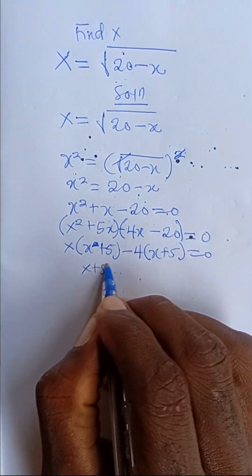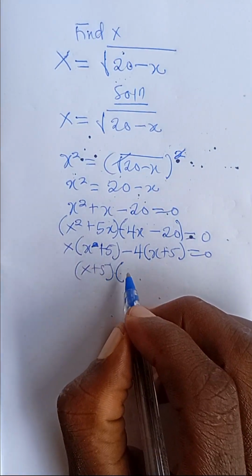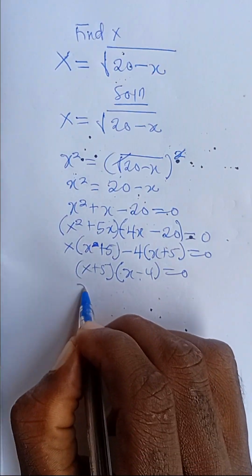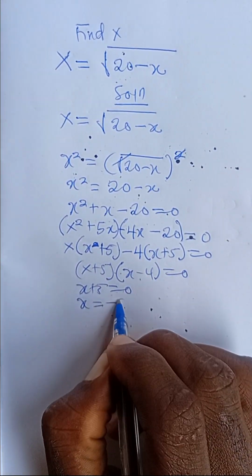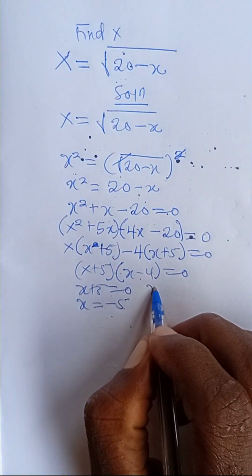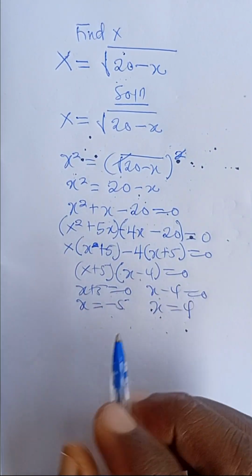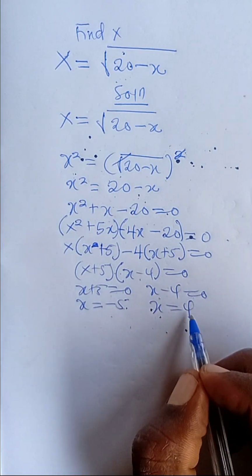So x plus 5, then x minus 4, is equal to 0. This means x plus 5 is equal to 0, which means x is equal to minus 5. Then we have x minus 4 is equal to 0, which means x is equal to 4. We have the value of x to be minus 5 and 4.